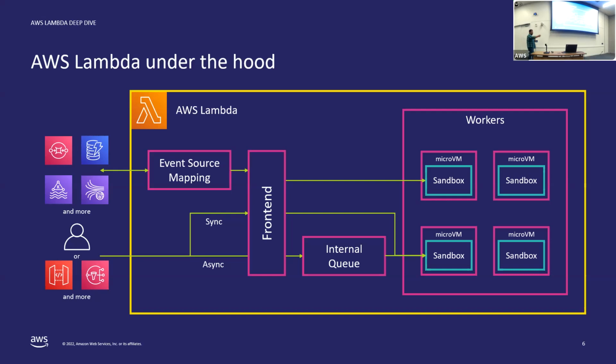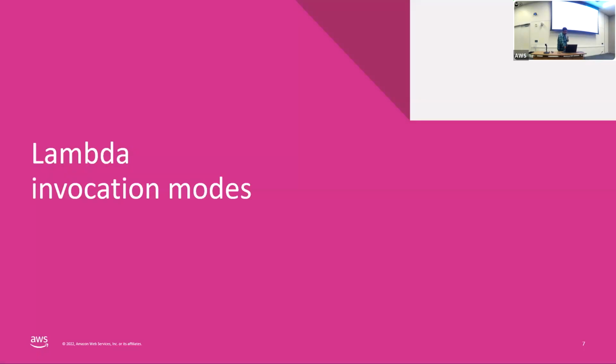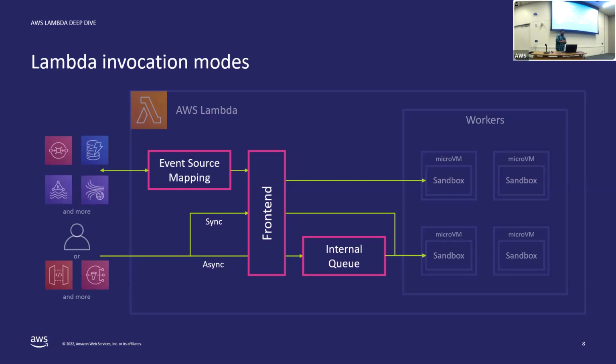That front end is responsible for taking the calls or the events that are coming in and making sure the worker environments are ready, waking up a worker environment and making sure the handler function is called in that worker environment. Now, you also see there are two components here, the internal queue and event source mapping. We're going to talk about them in future slides, but let's dive deeper to understand what the invocation modes are.